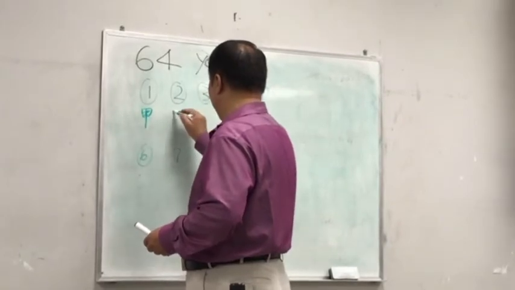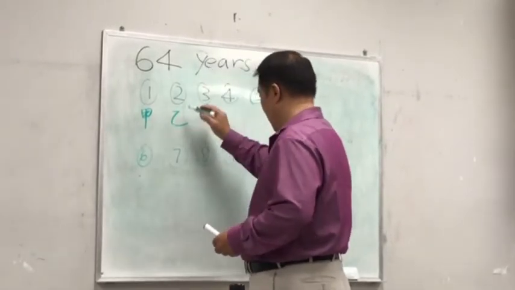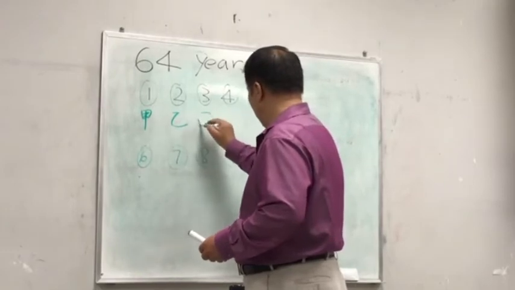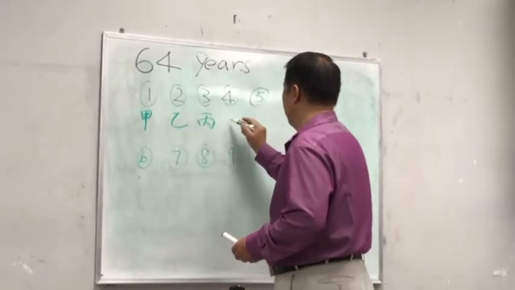1 in Chinese is Jia, 2 is Yi, which I already gave to everyone.